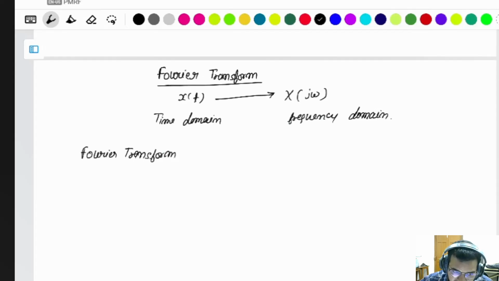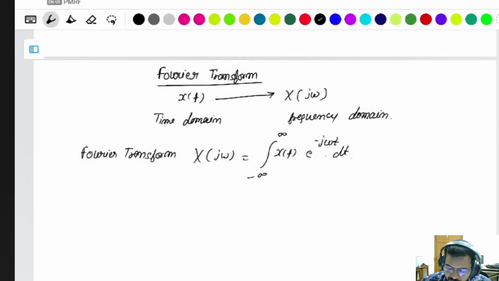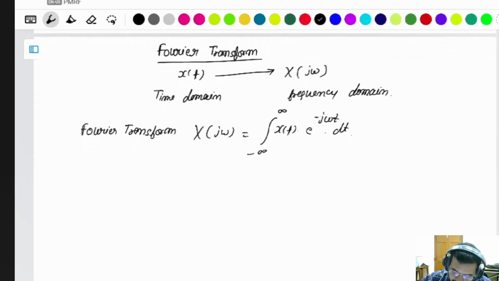The Fourier transform of any signal you can find by integration from minus infinity to plus infinity of that signal times the exponential term e to the power minus j omega t. Same thing for the inverse Fourier transform.